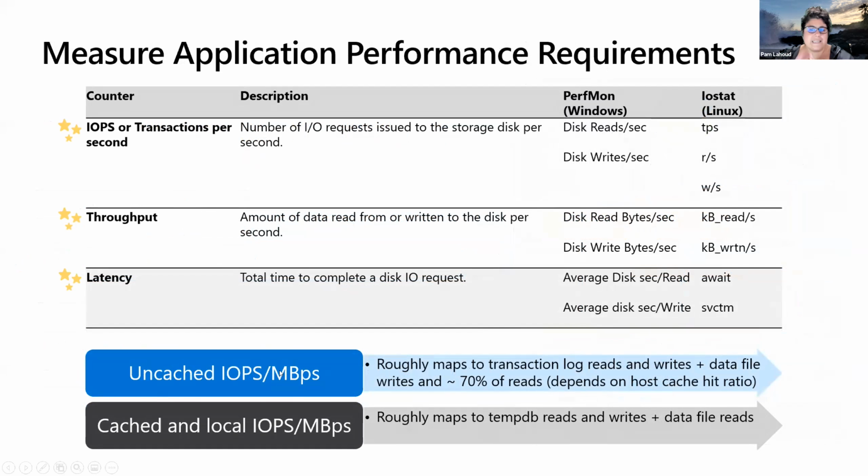So this is totally theoretical. You're never going to get the math to work out here. However, just to give you an idea of what you need for sizing, uncached IOPS and throughput roughly maps to your transaction log reads and writes, plus your data file writes, and let's say 70% of your reads.